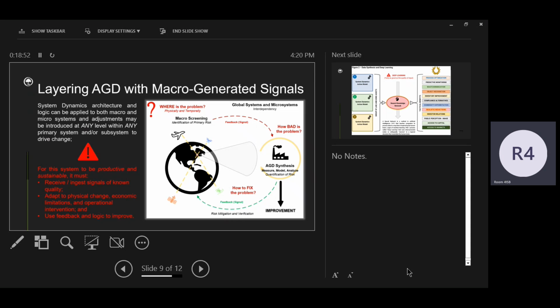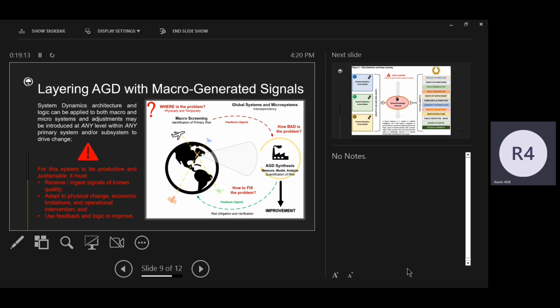And then that's where you're not being able to adapt to the economic changes to a level that's appropriate to what you're trying to accomplish. So all of these things need to be taken into consideration whenever you're building a systems dynamic model. And then of course using feedback and logic to improve.